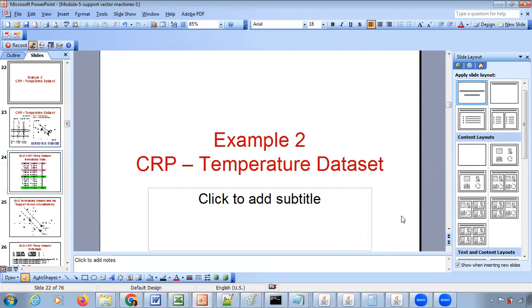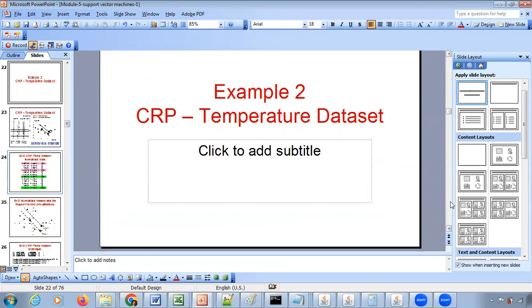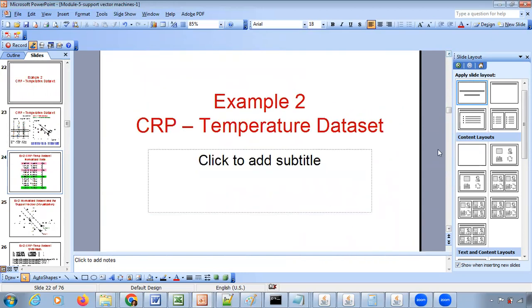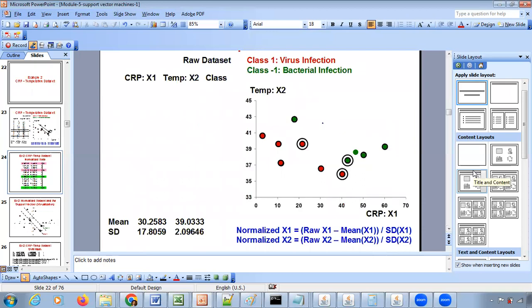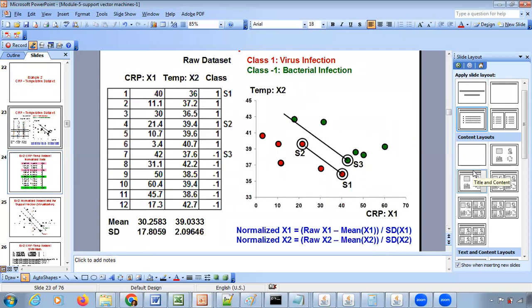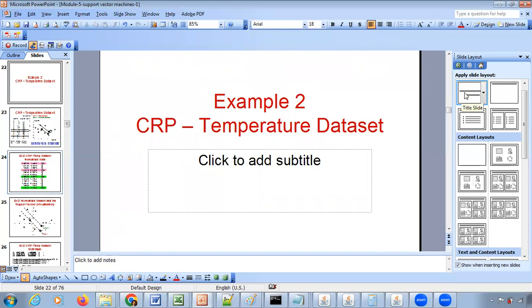Okay, so the CRP temperature dataset is something you also analyzed in the logistic regression module. CRP is C-reactive protein, which is synthesized in the blood. Its quantity is typically low, and it will be more if a person has an infection.